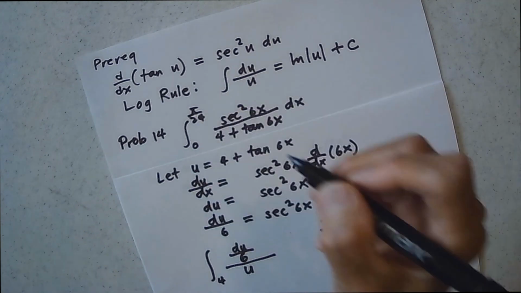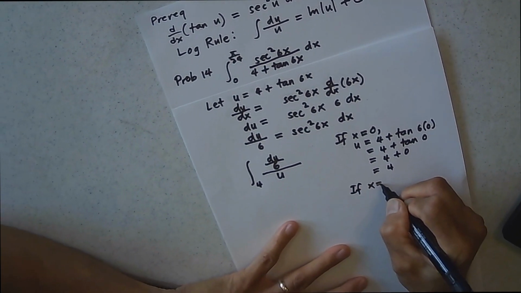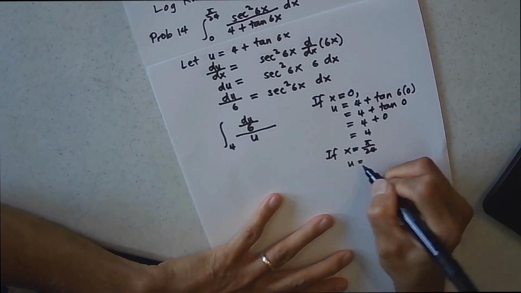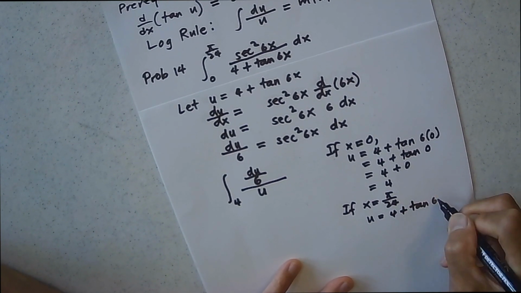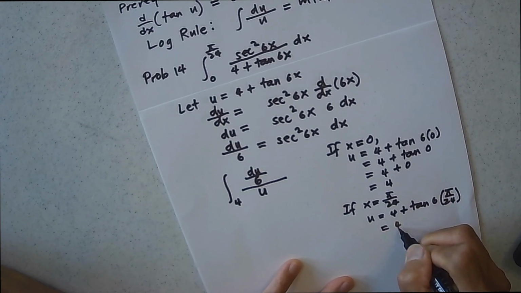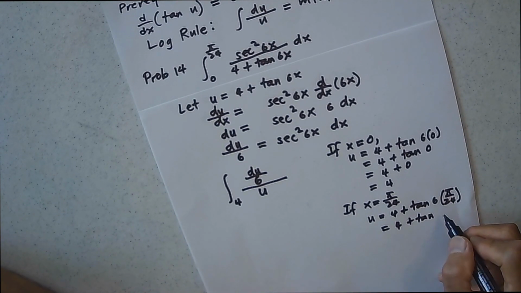If x is pi over 24, then u becomes, this is the upper limit now, 4 plus tangent 6 times pi over 24, which will become 4 plus tangent, well, 6 times pi over 24 is pi over 4.